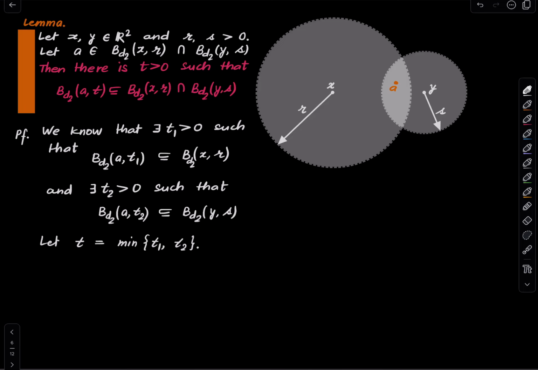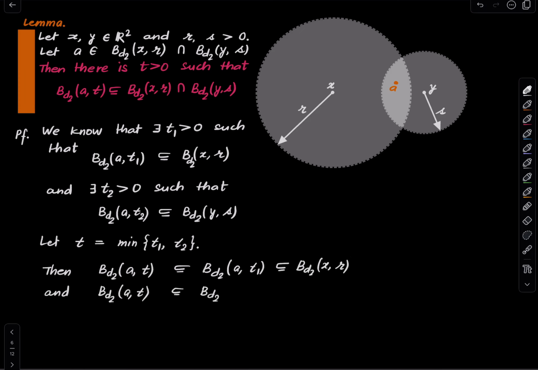So then the ball of radius T around A is of course contained in both these balls. It's contained in the ball of radius T1 around A, and it's also contained in the ball of radius T2 around A. Right?